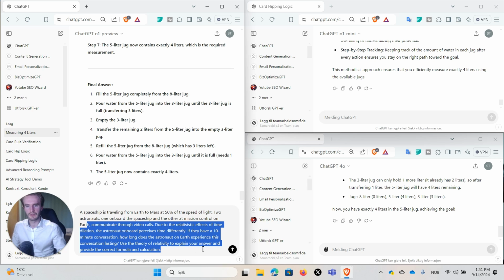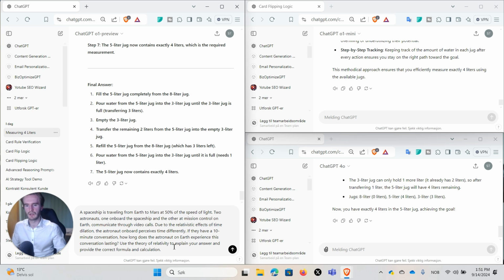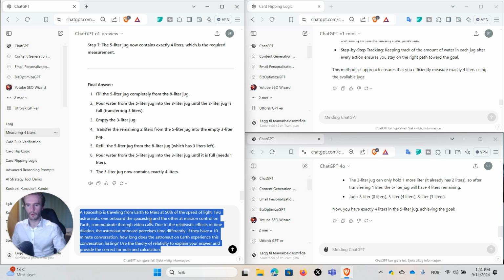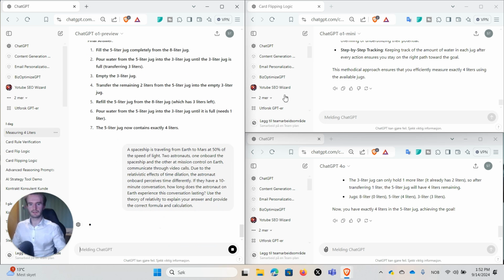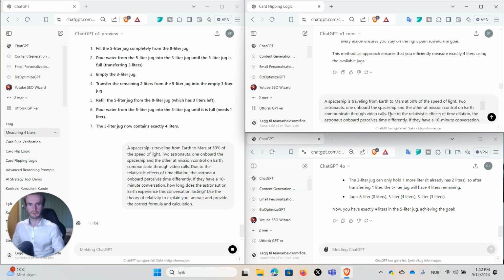Due to the relativistic effects of time dilation, the astronaut on board perceives time differently. If they have a 10-minute conversation, how long does the astronaut on Earth experience this conversation lasting? Use the theory of relativity to explain your answer and provide the correct formula and calculation. Let's see how it does on these different models.